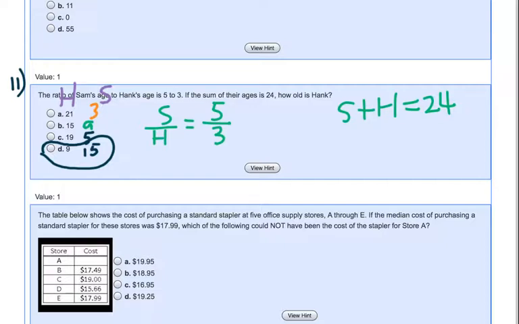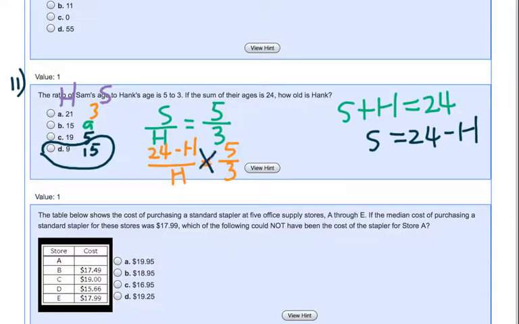Or you can solve this as a system of equations. We know that S equals 24 minus H. So I plug in here. You will get 24 minus H over H equals 5 over 3. Then you can cross multiply.